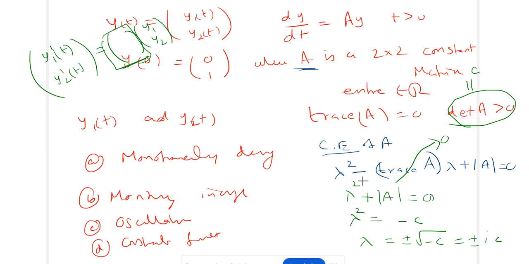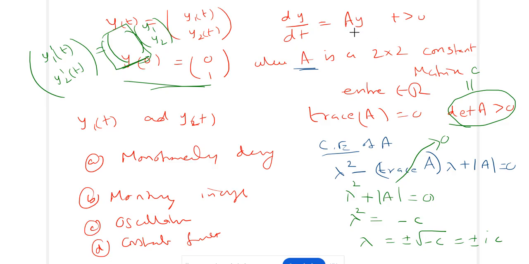So what about the nature of the solution? y of 0 equal to (0, 1) is the initial condition. How do we find the solution? A is a matrix of real entries, and purely imaginary means the eigenvalues are purely imaginary.